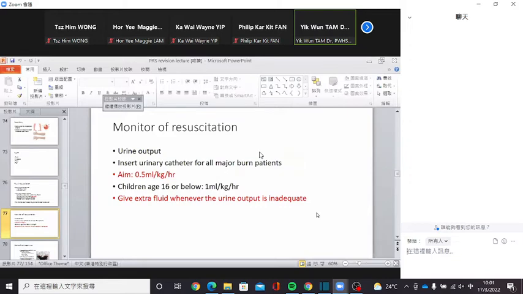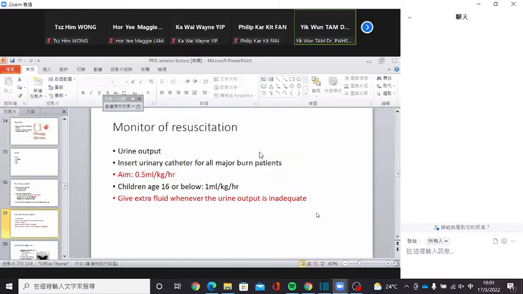And then we'll adjust our resuscitation regimen accordingly. Like if we start from 3 and their response is poor, we give extra fluid for challenge. And if they improve, then we may consider adjusting our resuscitation fluid to 3.5 ml per kg per percentage TBSA.